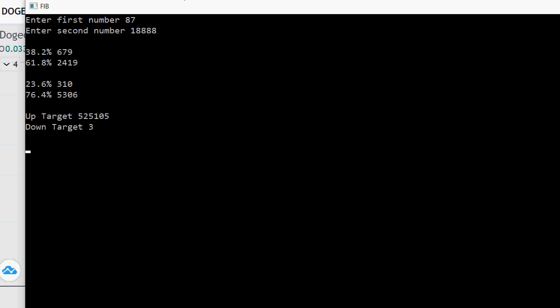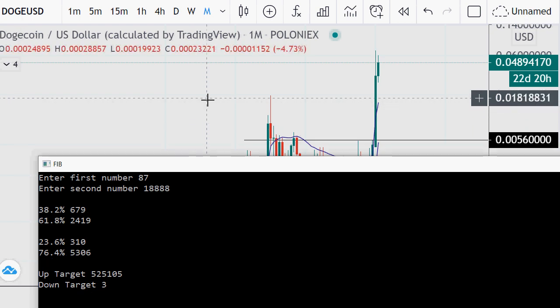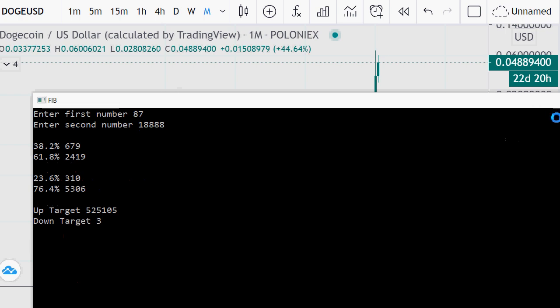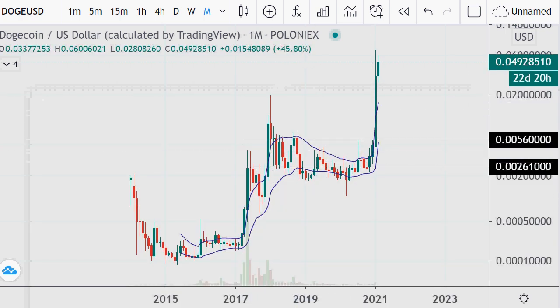Well, that's a big move. 1, 2, 3, that's 525,000. This is 1.8 cents, so a price target on the breakout should be about 52 cents.